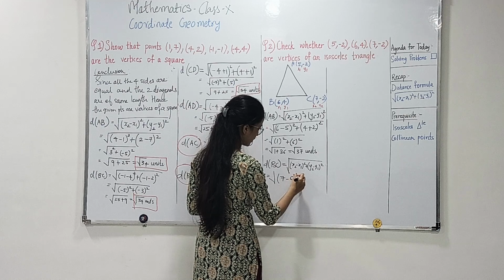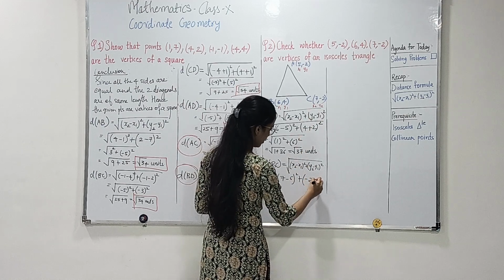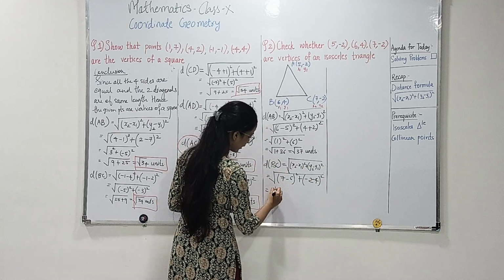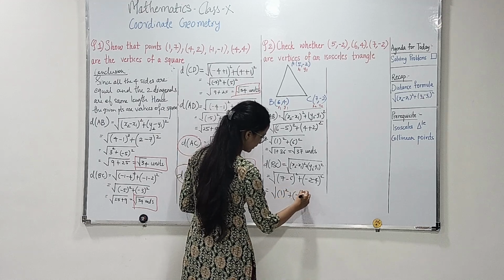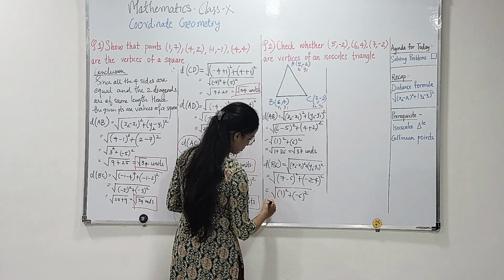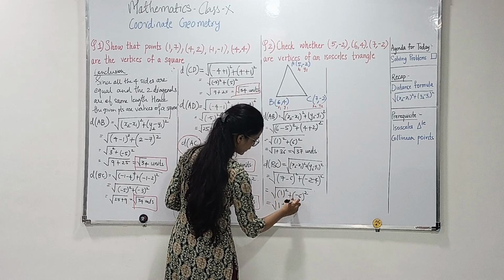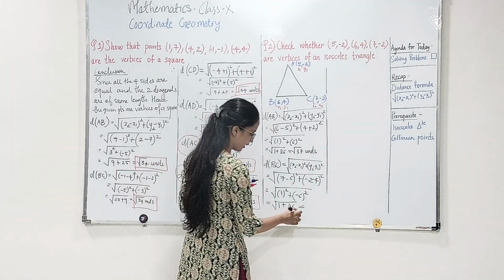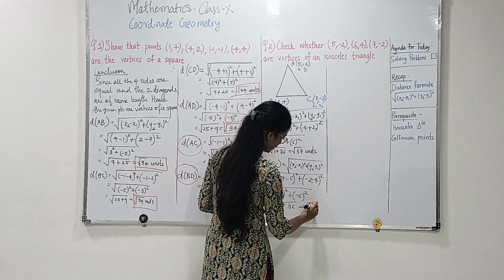So 7 minus 6 the whole square plus y2 is -2, y1 is 4, the whole square, right? So we get 7 minus 6 is 1 square and this is -6 the whole square. So again we get 1 plus 36 and the entire thing is under the square root. We get the answer to be root 37 units.